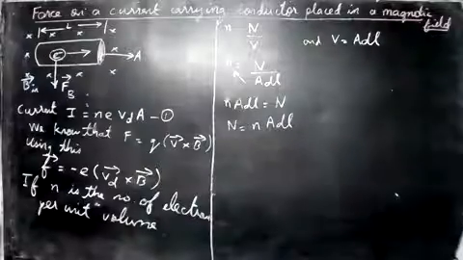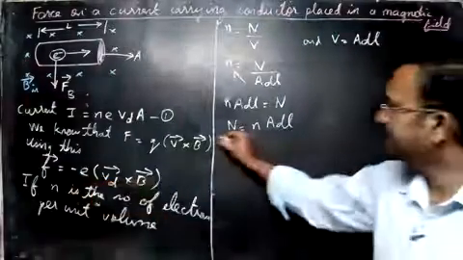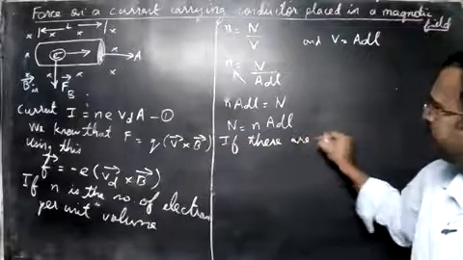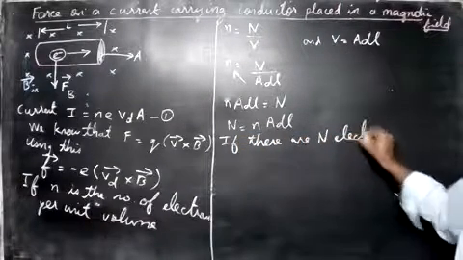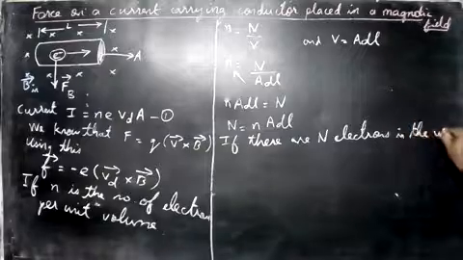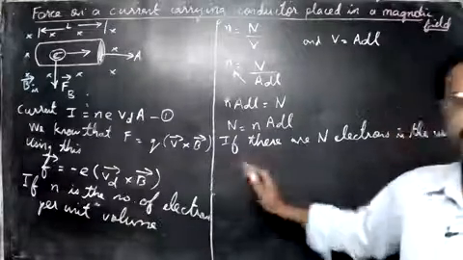Now let's see what the force will be if there are N electrons in the wire. The force we will get here, we'll write as small f itself.